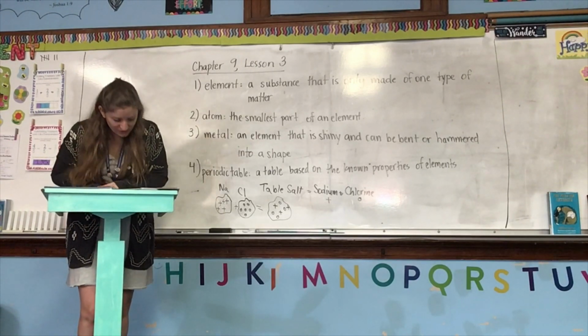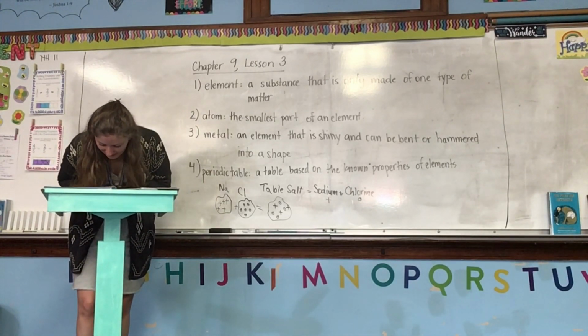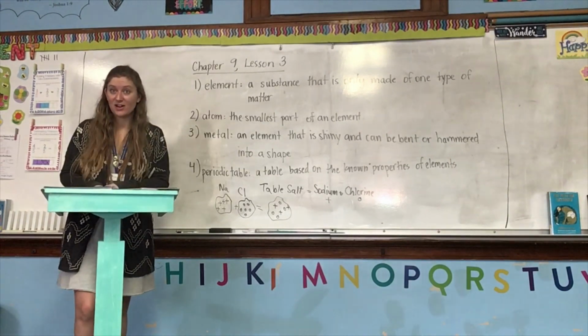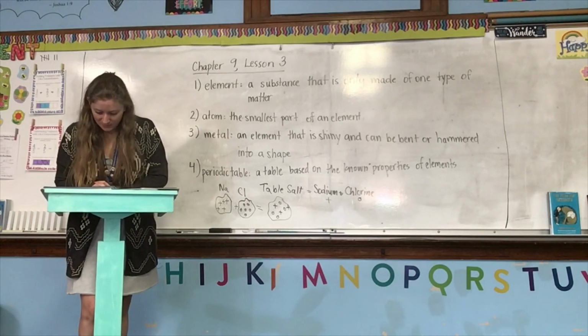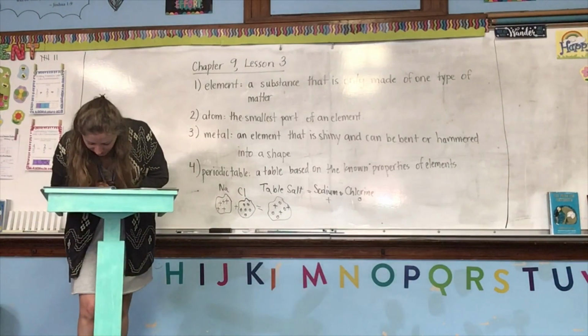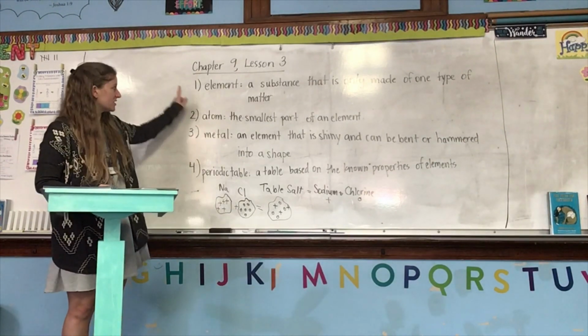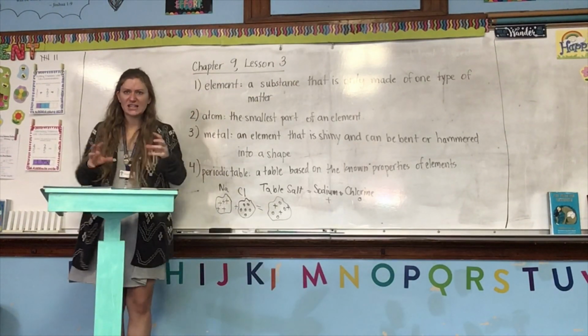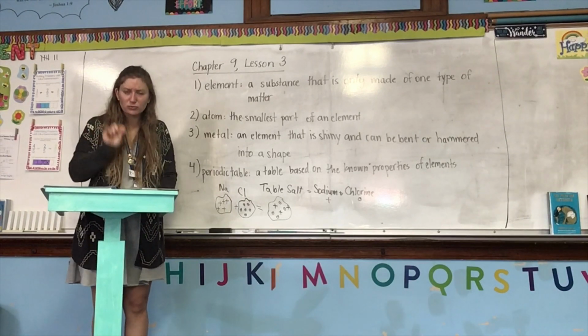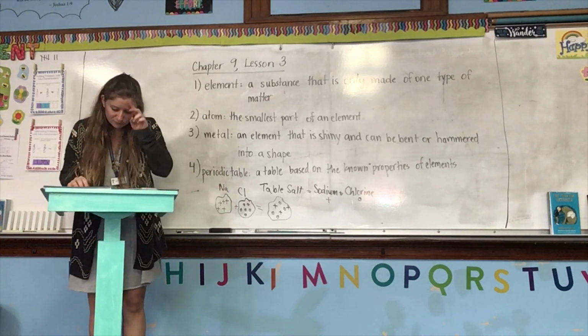If we look at this, we can see there are only, let's see, 2 elements that are liquids at room temperature. And it's bromine, which has an atomic number of 35. The atomic number starts at 1, and then 2, 3, 4. Look at that atomic number. That's the number that's right above the symbol.